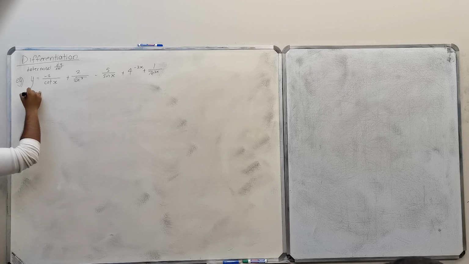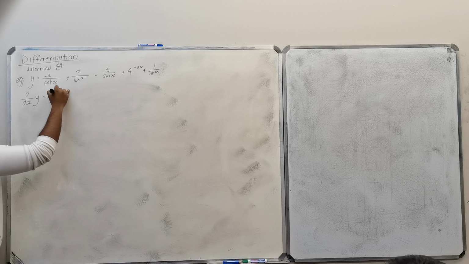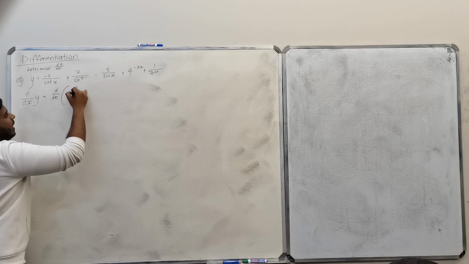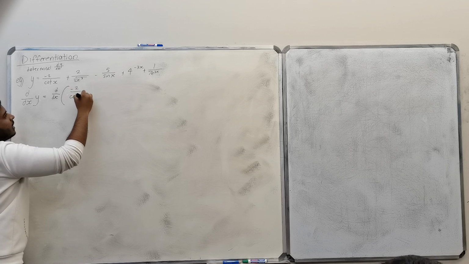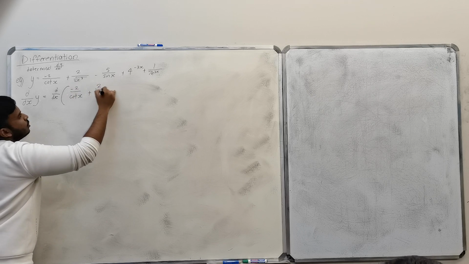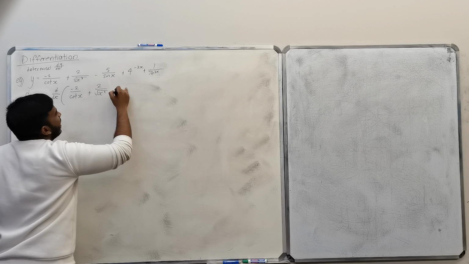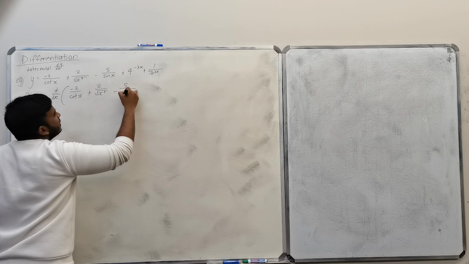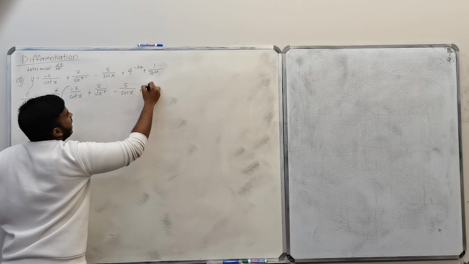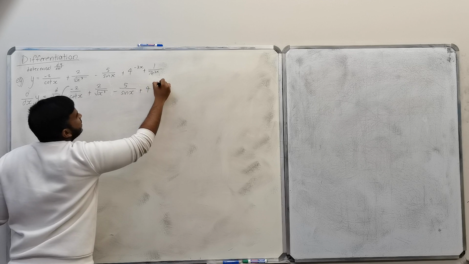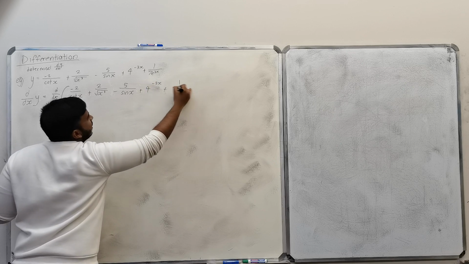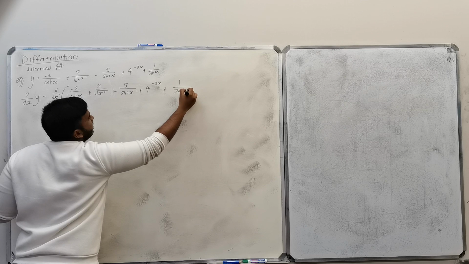So d over dx of y is equal to d over dx of minus 2 cot x plus 2 over root x cubed, minus 5 over sine x plus 4 to the minus 3x plus 1 over 7 e to the x.